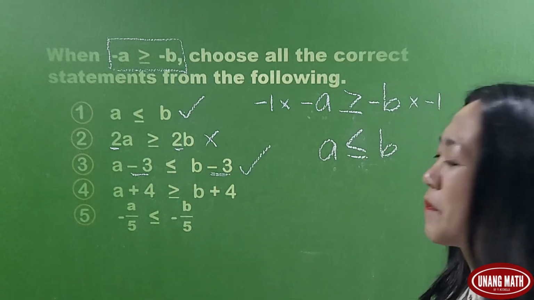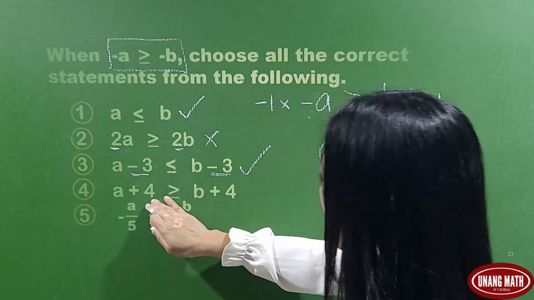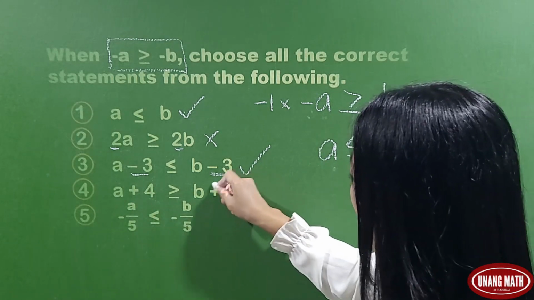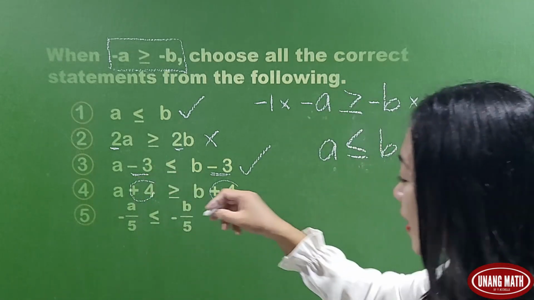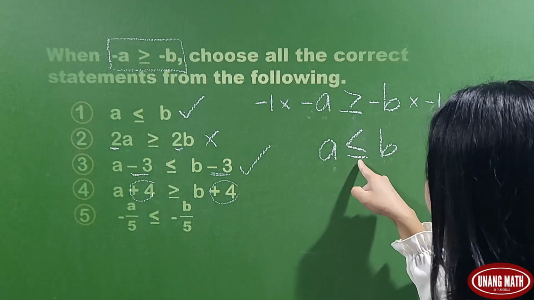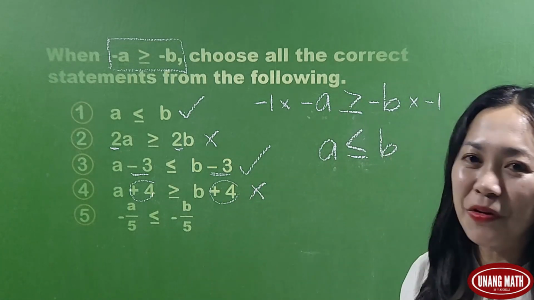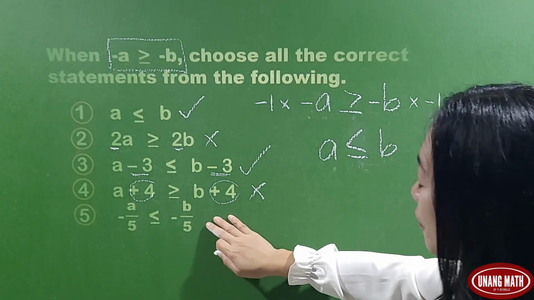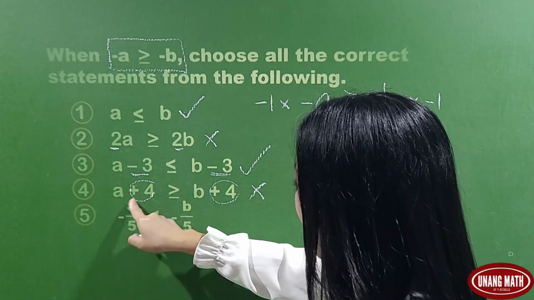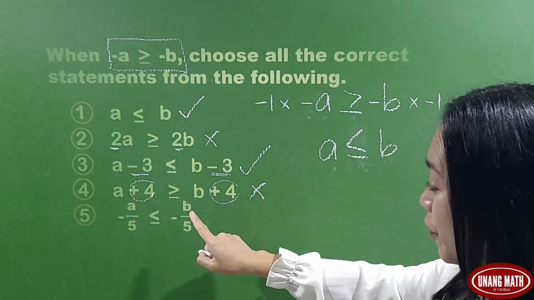So this is correct. Okay, for number 4, A plus 4, here's B plus 4. So we added 4 on both sides of the inequality. So the symbol is supposed to still be less than or equal to, but this is greater than or equal to. So this is not correct. And for number 5, this is negative A over 5 is less than or equal to negative B over 5.